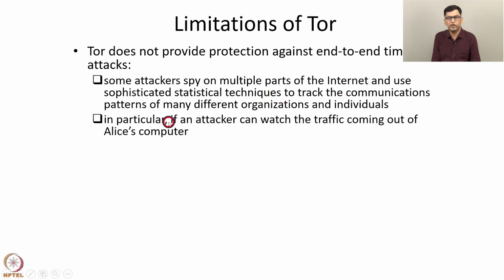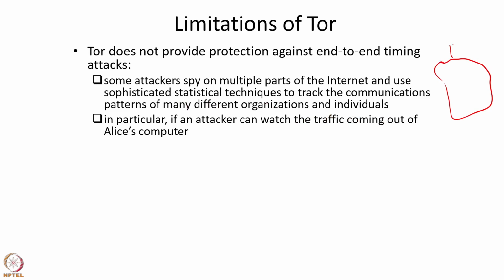For example, consider an attacker who can watch the traffic coming out of Alice's computer. This is the internet, and Alice is connected to the internet by a certain connection, and this is the connection from Bob's computer to the internet. So an attacker watches the traffic in different parts of the internet, and in particular the attacker watches the traffic coming out of Alice's computer.